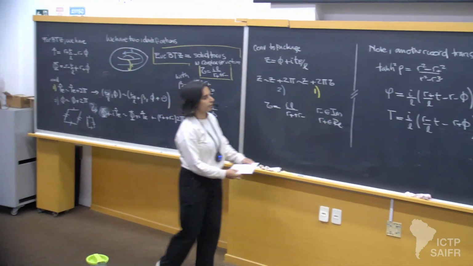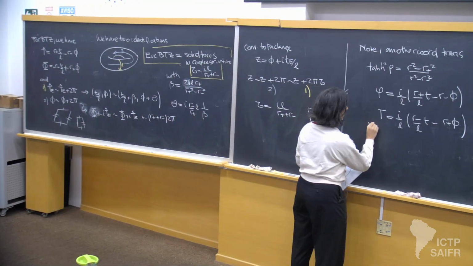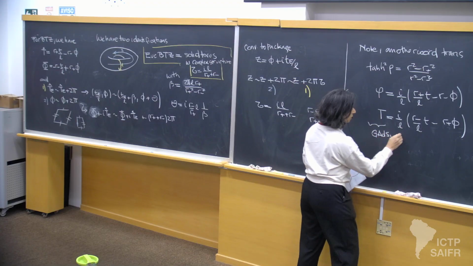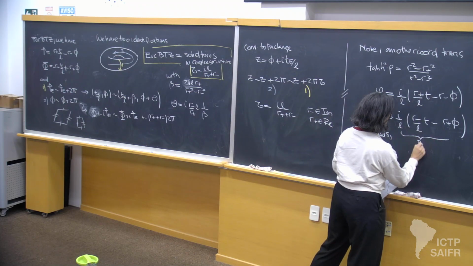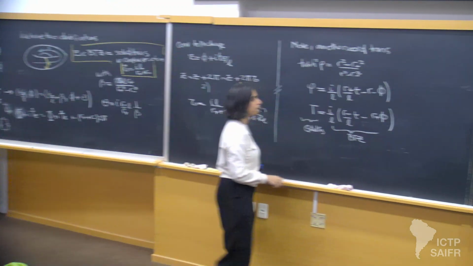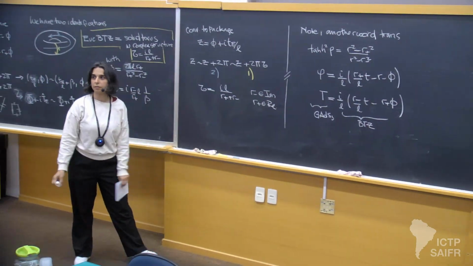So these are the coordinates on global AdS₃, and these are the coordinates, the claim is, that will take me to BTZ. So this is a coordinate transformation that takes me between the two line elements, okay?